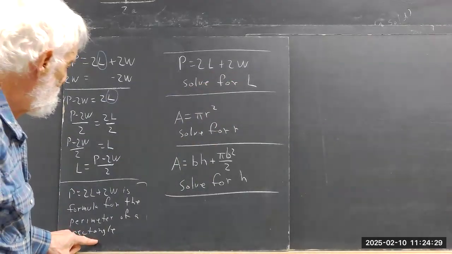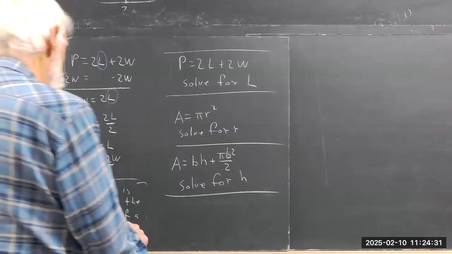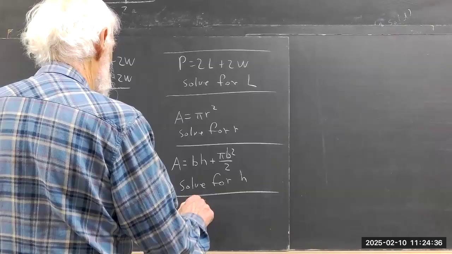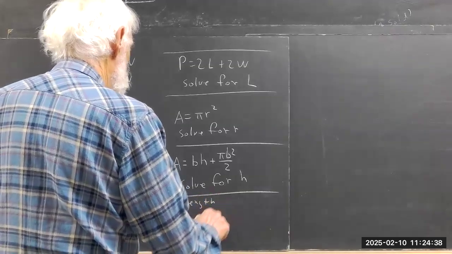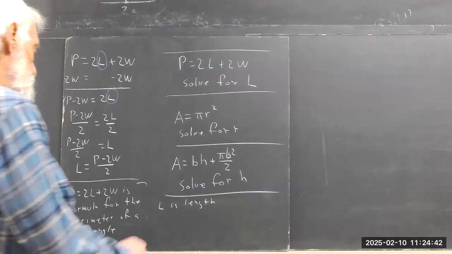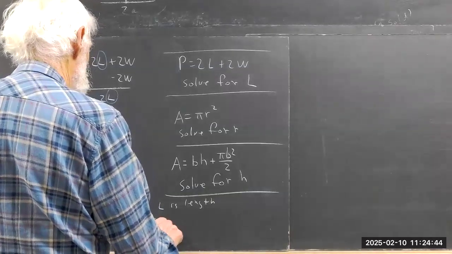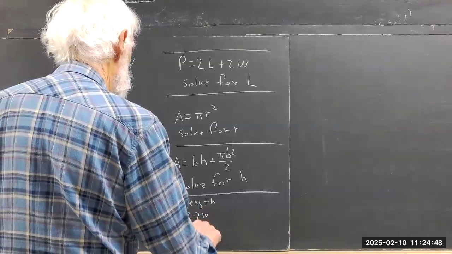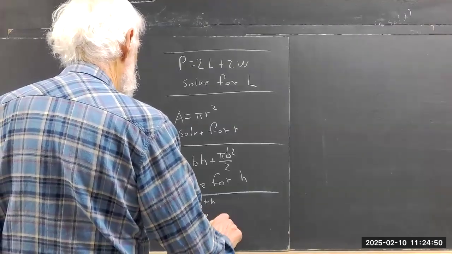Okay. Well, L is the length. Okay. L equals P minus 2W over 2.